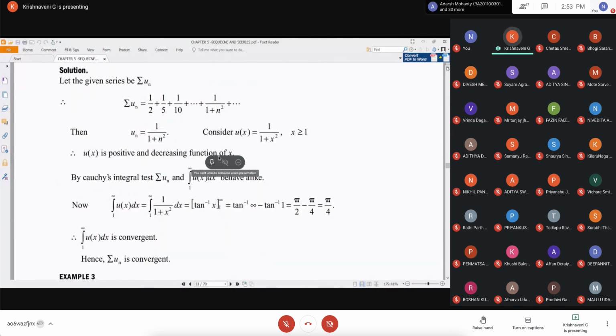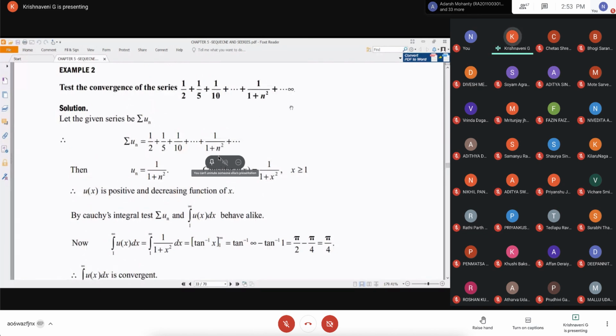Second problem, second example. This is the given series. Here nth term is 1 by 1 plus n square. From this un we can write u of x, because we need to find integral 1 to infinity u of x dx. U of x is nothing but 1 by 1 plus x square. U of x is positive and decreasing function of x.